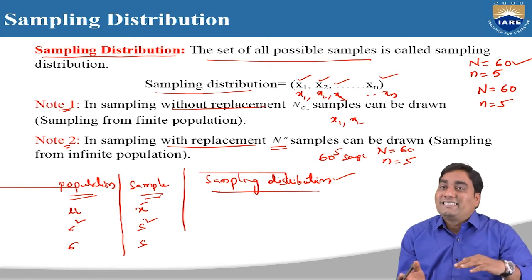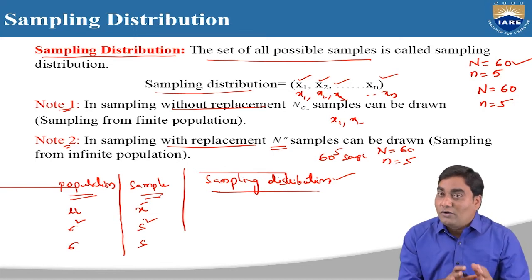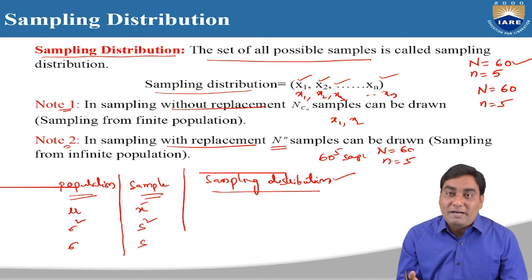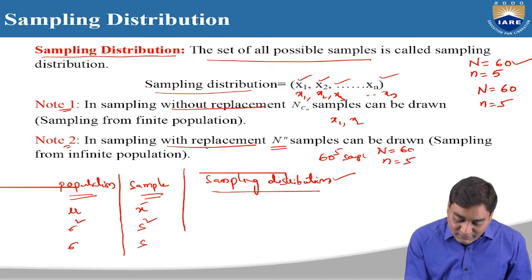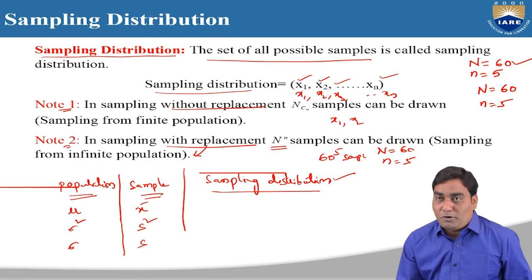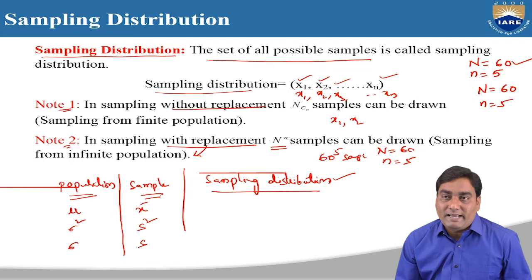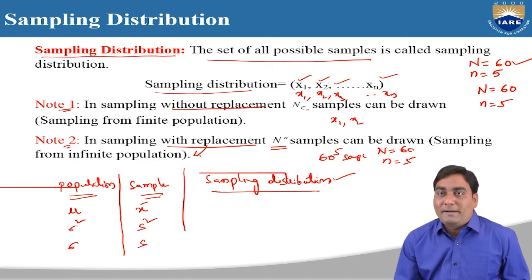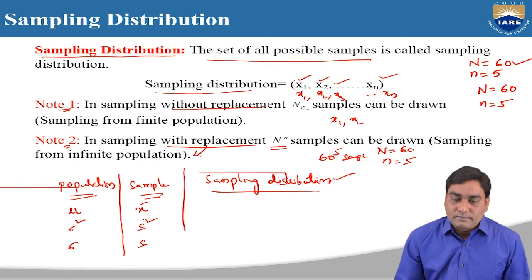That's why it is a never-ending population, not a finite population, but an infinite population. That's why with replacement is also known as sampling from an infinite population. In the infinite population or with replacement case, we can draw N power n samples.